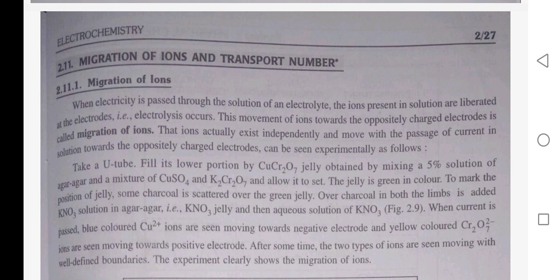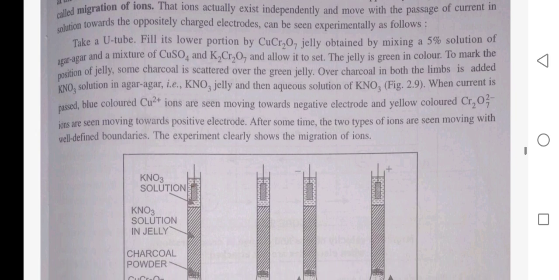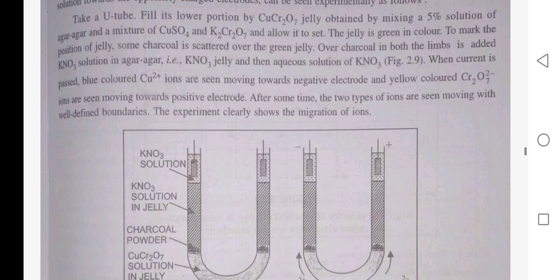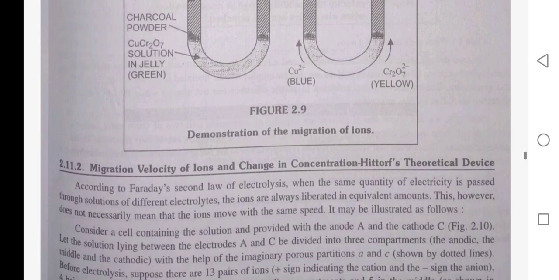Over the charcoal, in both limbs, KNO3 solution in agar-agar, that is KNO3 jelly, and then aqueous solution of KNO3 are added. When current is passed, blue Cu2+ ions are seen moving toward the negative electrode and yellow Cr2O7 2- ions are seen moving toward the positive electrode. After some time, the two types of ions are seen moving with well-defined boundaries. The experiment clearly shows the migration of ions.